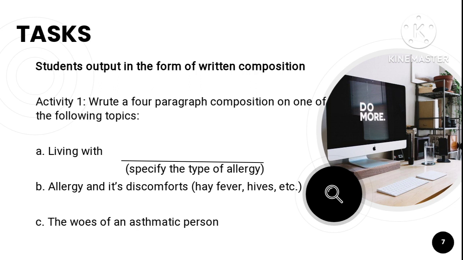In letter B, we have allergy and its discomforts: hay fever, hives, etc. The third one is the woes of an asthmatic person. You should just choose one and write a 4-paragraph composition on the topic you have chosen.